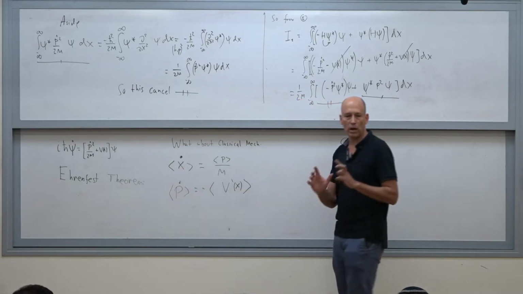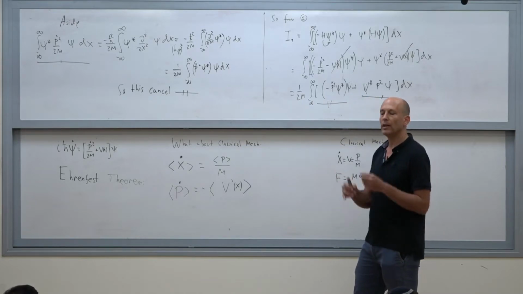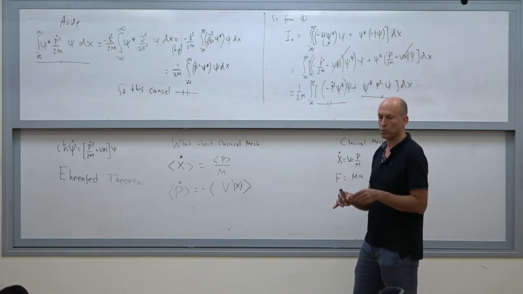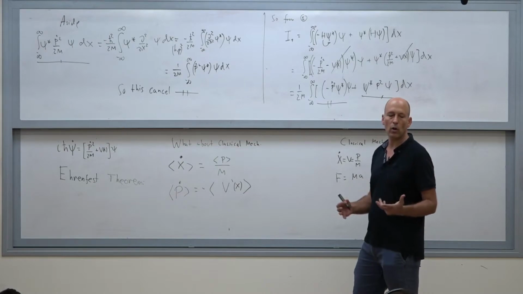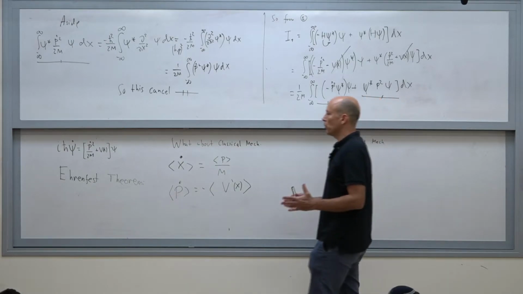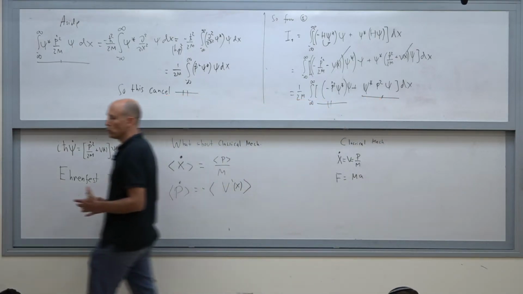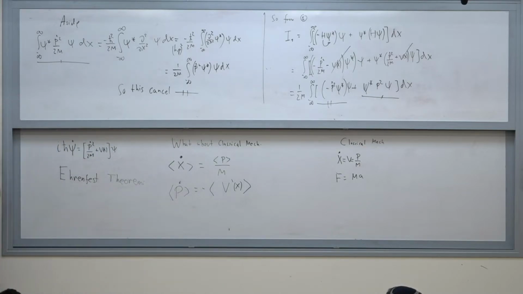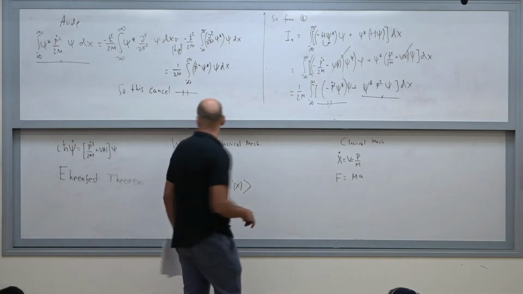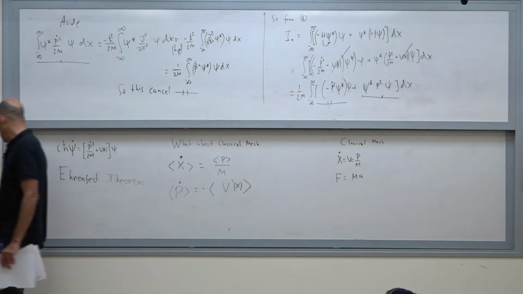So average quantities nearly follow classical laws, but this doesn't say anything about the quantum fluctuations. On average, we more or less behave in a classical fashion. You can find this in any textbook, for example Cohen-Tannoudji, where you can read about these laws a bit more.